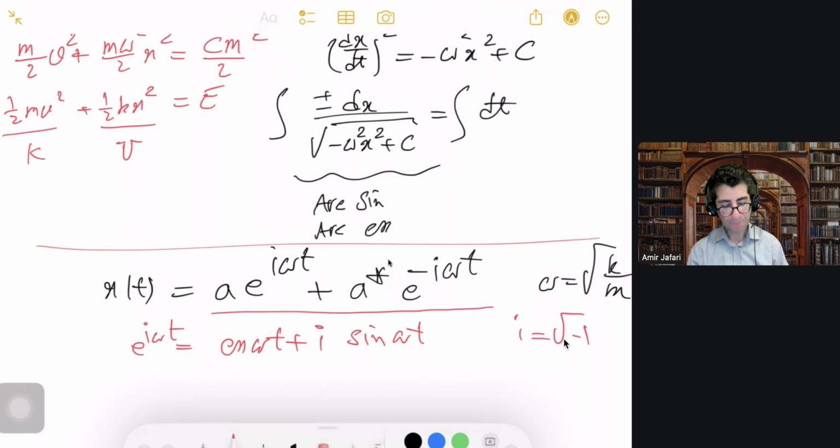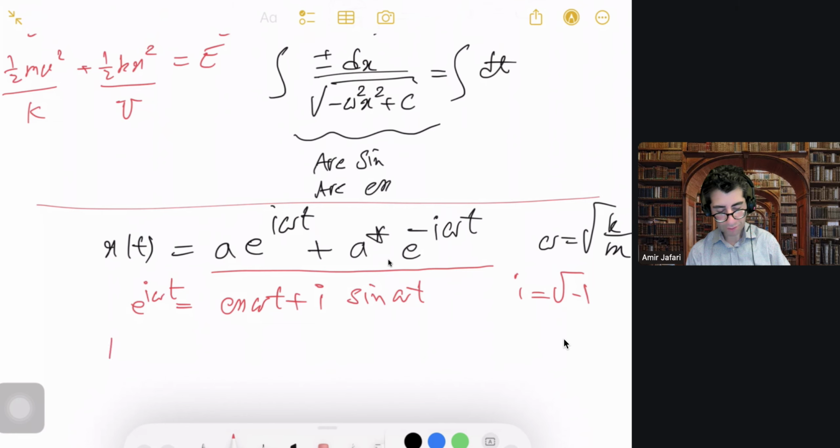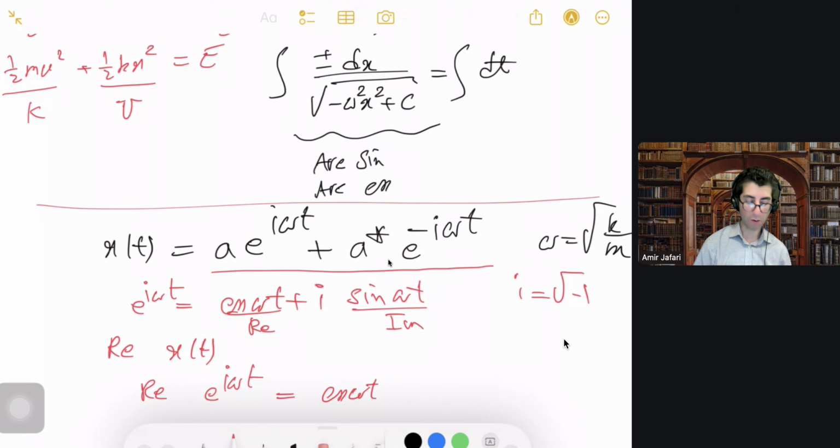It means that implicitly we are interested in the real part of this function, which gives us the physical position, right? So, for example, here, the real part of e^{iωt} would be cosine ωt. So this is the imaginary part, this is the real part.